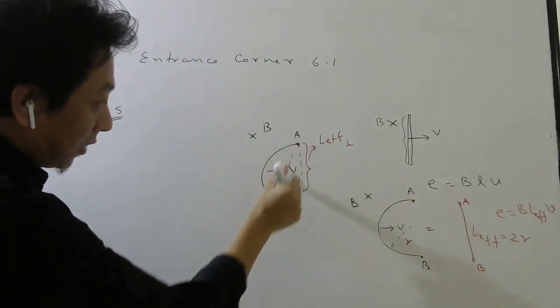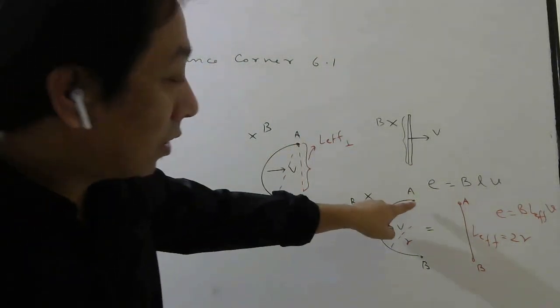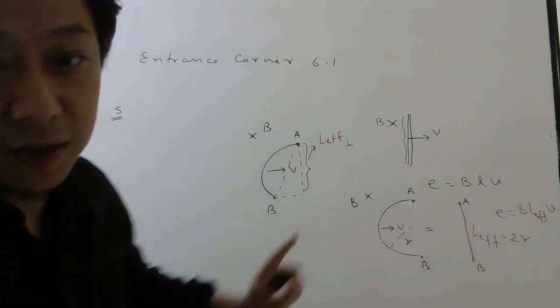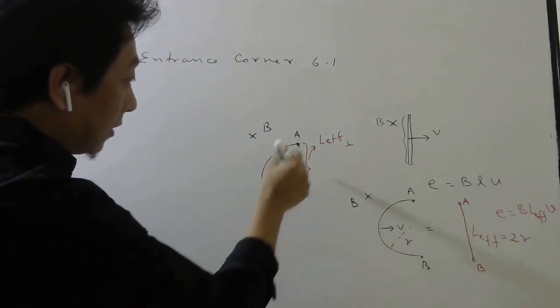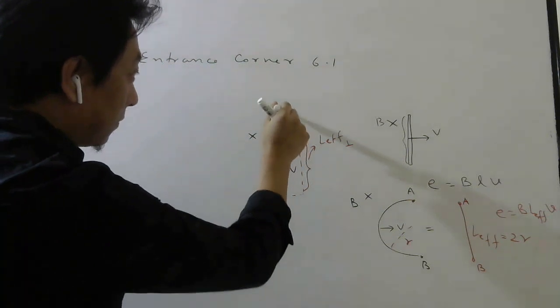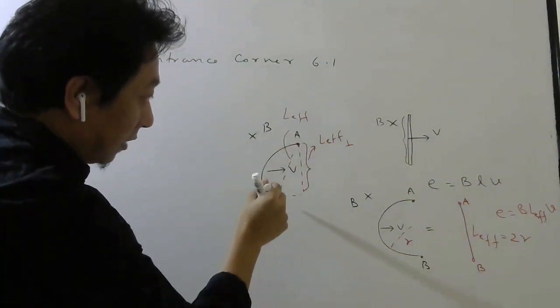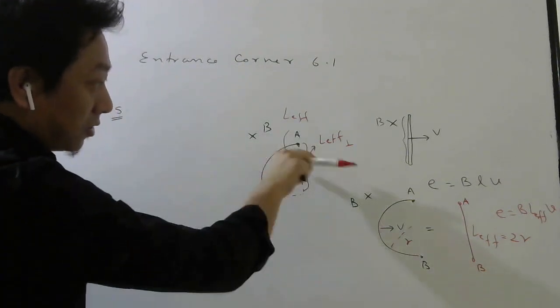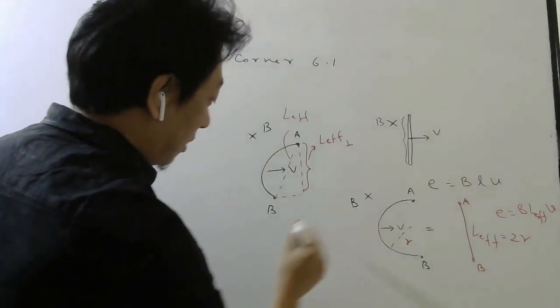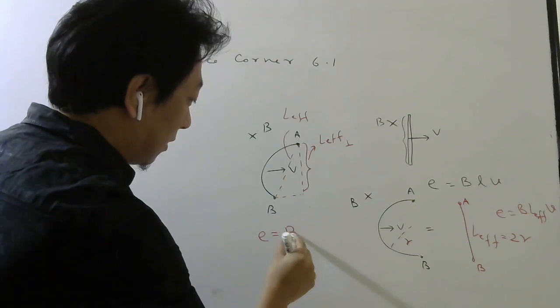L effective means from one end of the rod to the other end. Then you have to find component of this L effective perpendicular to the velocity. And that one you have to use in the formula for EMF.